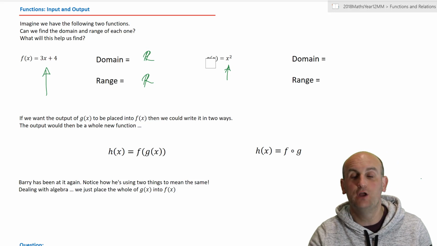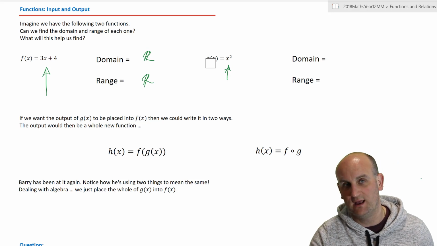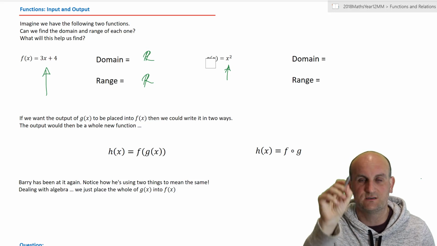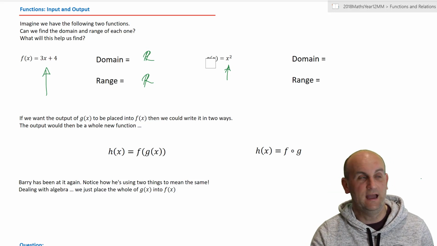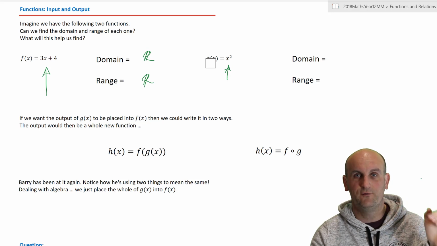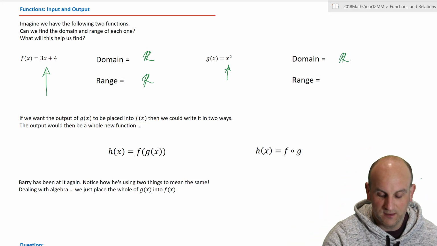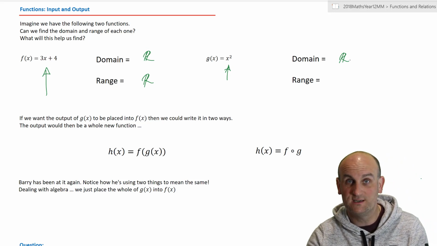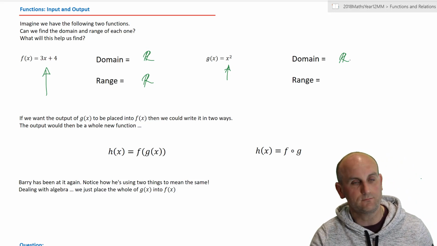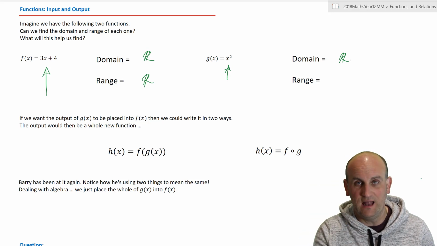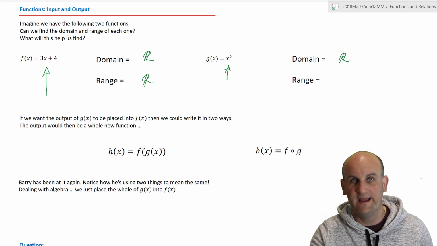So again, what is the domain for my graph of y equals x squared? Well, this becomes easier if I can see what that looks like. And I know the graph of y equals x squared is a parabola. And I know that it's in fact valid for all values from minus infinity to infinity. So my domain is real, but my range is not. Why? Well, if you think of my standard y equals x squared curve, does it have any value that goes below the x-axis?